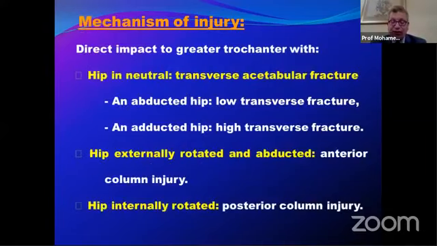Mechanism of injury: direct impact to the greater trochanter. If I have a direct impact to the greater trochanter, I have to see the position of the hip. Is the hip in neutral position, externally rotated and abducted, or internally rotated? If the hip is in neutral position, a transverse acetabular fracture will occur. An abducted hip will cause a low transverse fracture, and an adducted hip will cause a high transverse fracture.